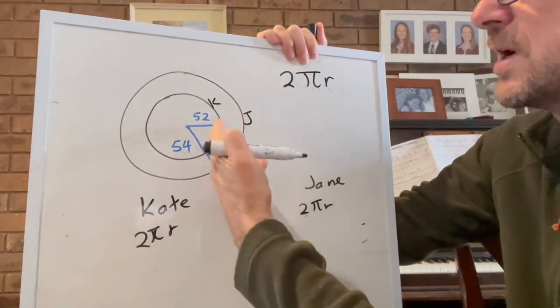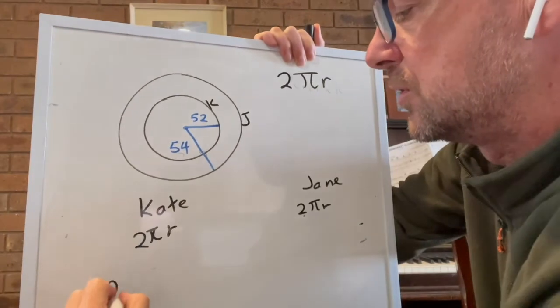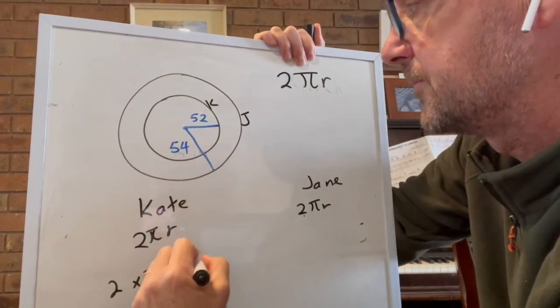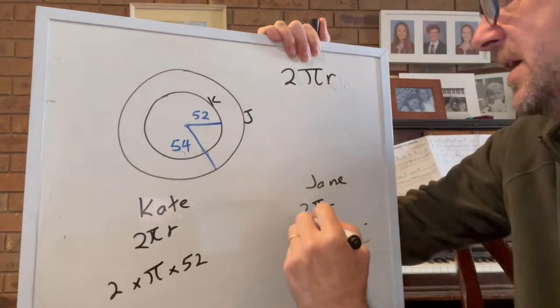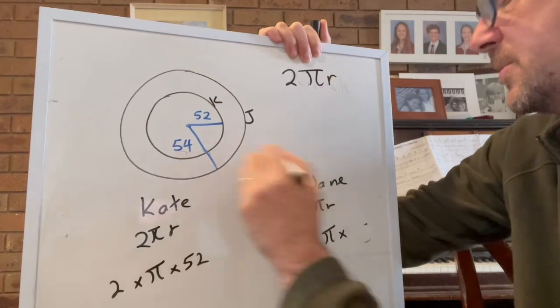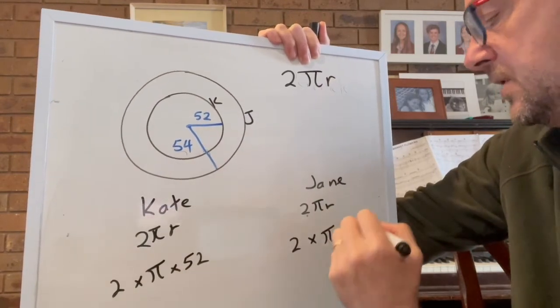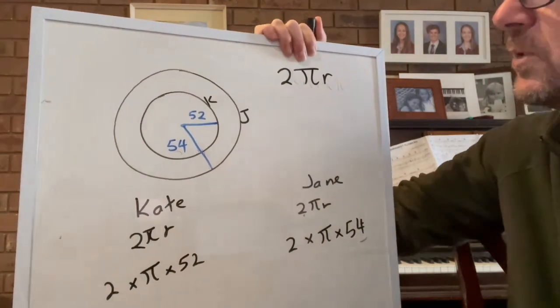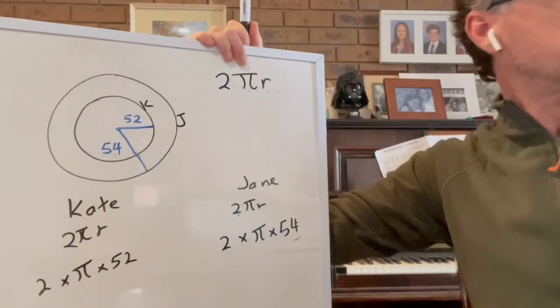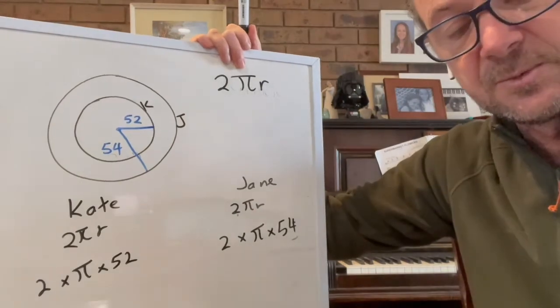So Kate's running on that inner circle, so it's 2 times pi times 52. And for Jane, it's the same thing, 2 times pi, but this time times 54. We can calculate both of those with our calculator, rounding off to 2 decimal places.